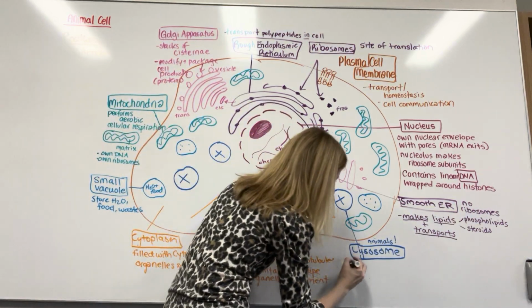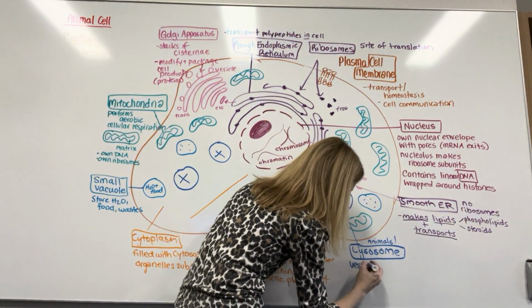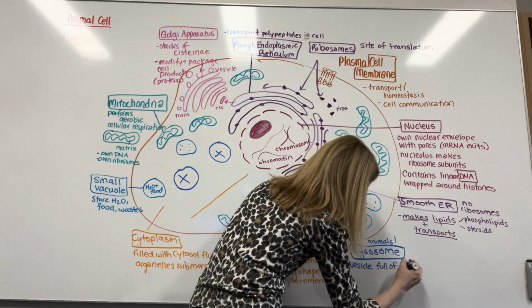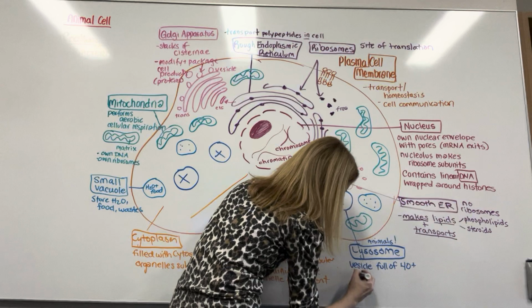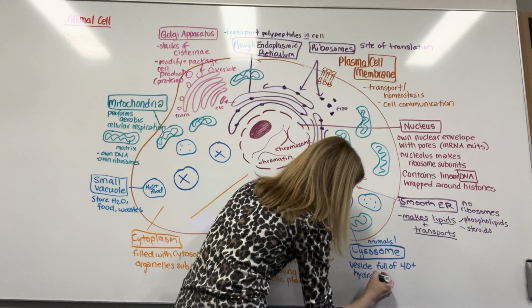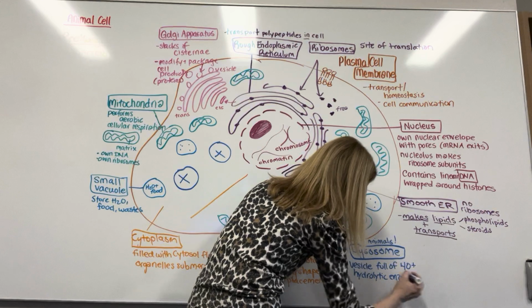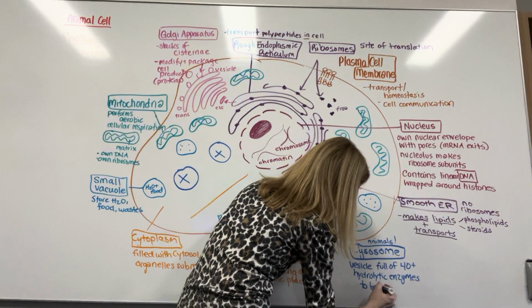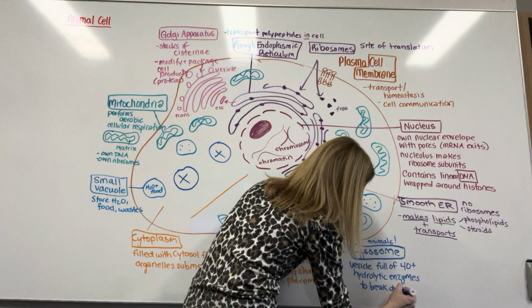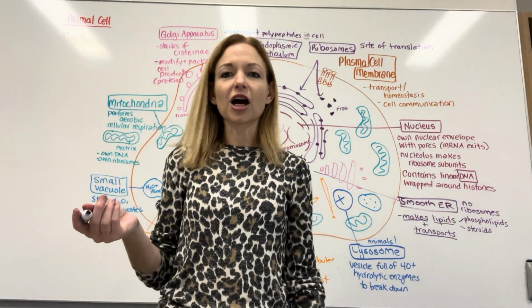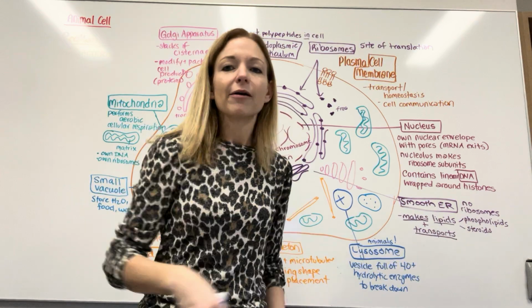So it is basically a vesicle full of 40 plus hydrolytic enzymes. And so they are going to break things down. So they can break down organelles that are damaged. So if we have a mitochondria that's not doing its job, we're like, stop taking up space. And we just break it down.